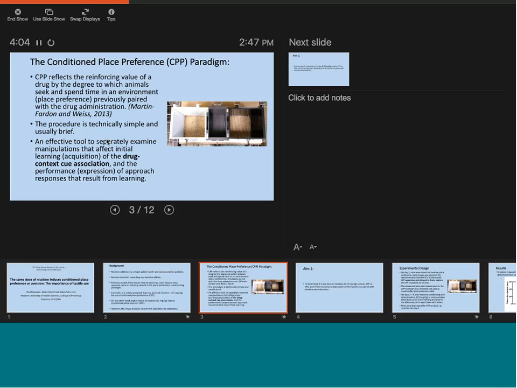We condition the animal on one side with either saline or nicotine, and on the opposing side we choose another subject to do the same thing. So we're going to look at the drive between the two different environments. And the conditioning can be at any schedule: short-term, long-term, acute, chronic.